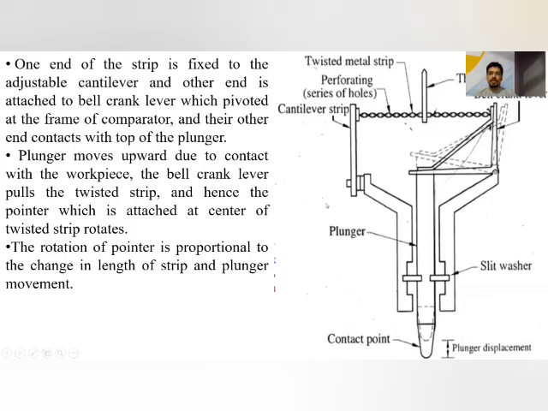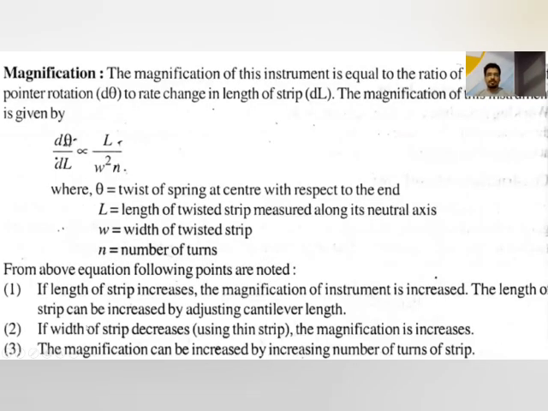Second, if the width of the strip decreases, that is, if we use a thin strip, then the magnification is increased, because it is inversely proportional.